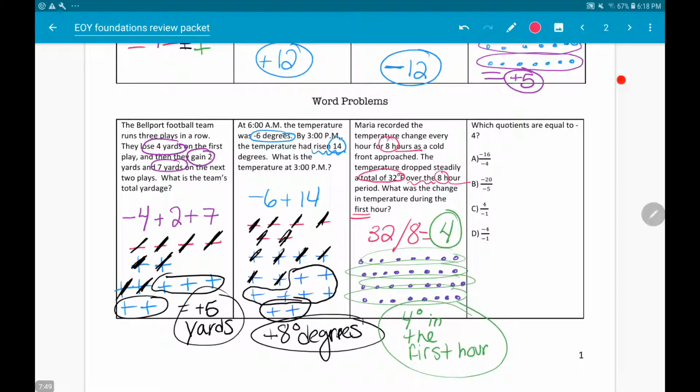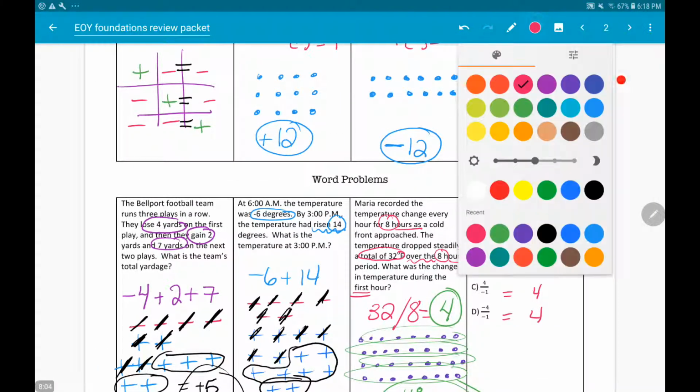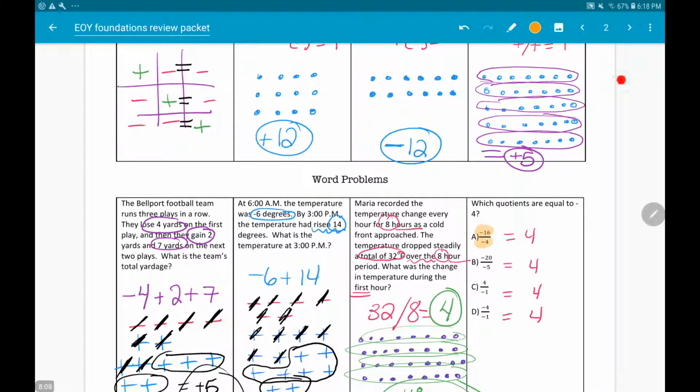Alright, which quotient equals -4? So I'm looking for a negative. So I can tell all of these are going to be 4. But I need to determine if it's positive or negative. So using my rules, the first one is a negative and a negative. So that brings me here. So this is going to be positive.